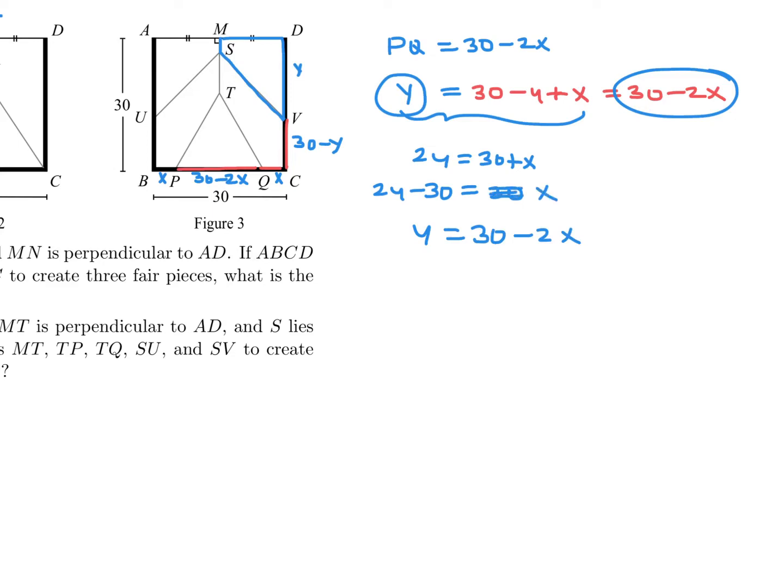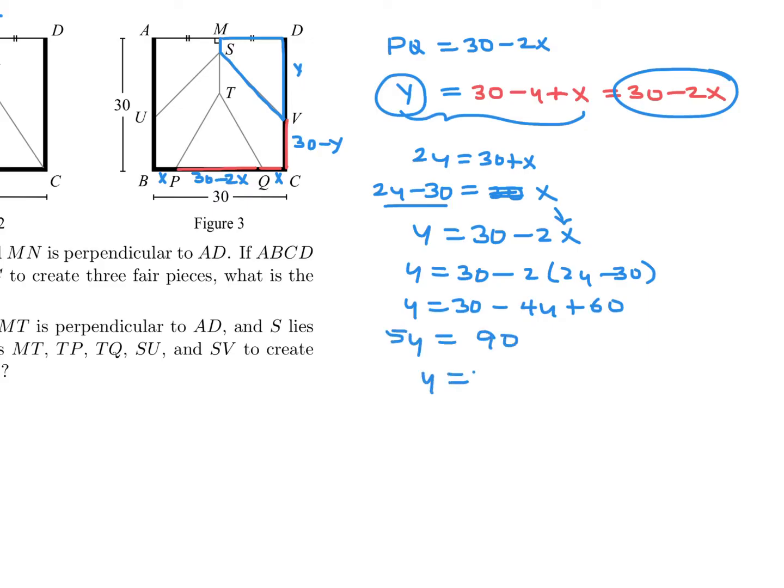Sorry, this should have been x. And then plug x in as 2y minus 30, so y is equal to 30 minus 2 times (2y minus 30). So y is equal to 30 minus 4y plus 60. So therefore 5y would be equal to 90, and therefore y is 18.